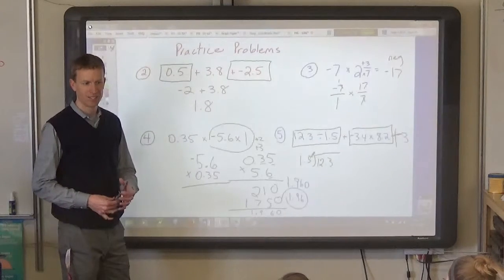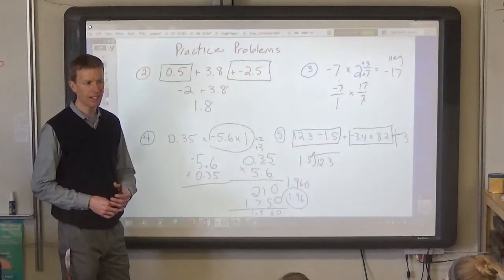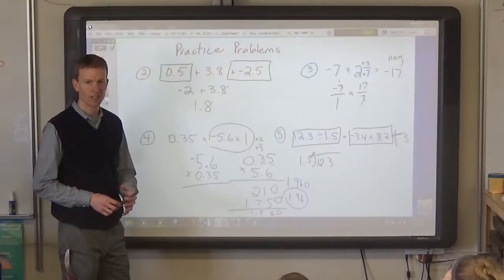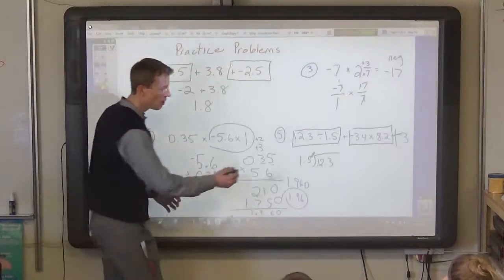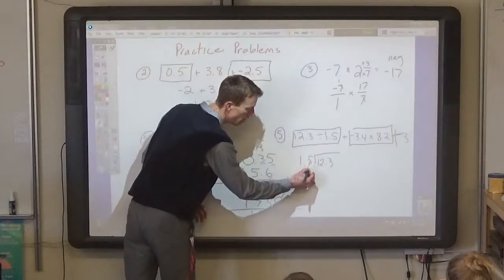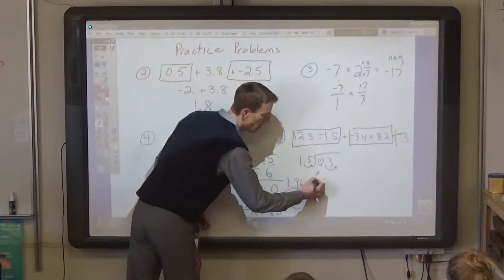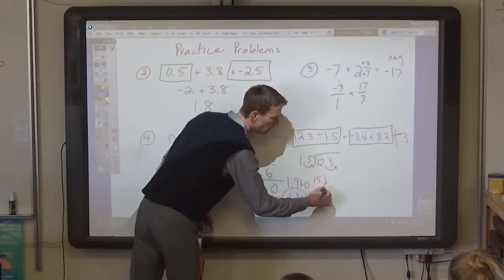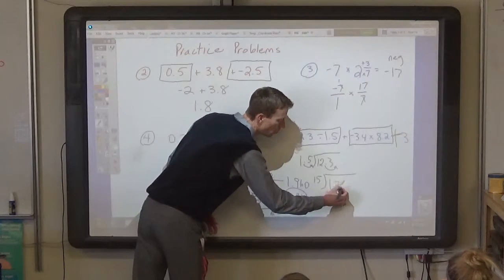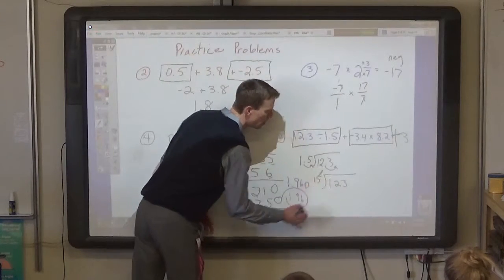Now what? Can we divide these? Not with the decimal point here. We have to move the decimal point out. And then do 15 into 123.